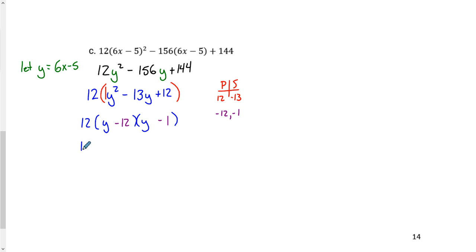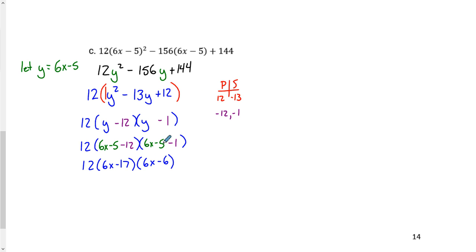Wherever I see that y, I'm going to write 6x subtract 5. I just put my negative 12 there, my negative 1 there, and I'll be done in 2 more steps. 6x subtracting 17, 6x subtracting 6.